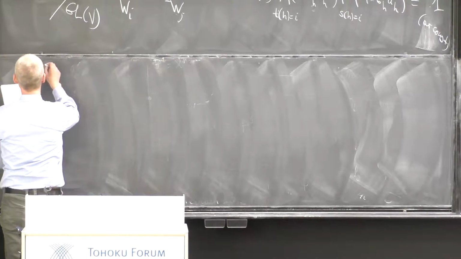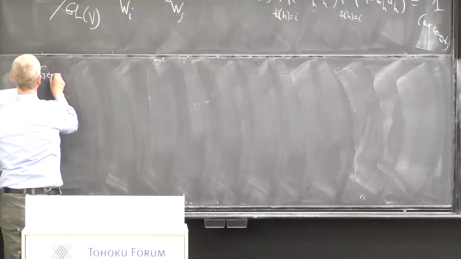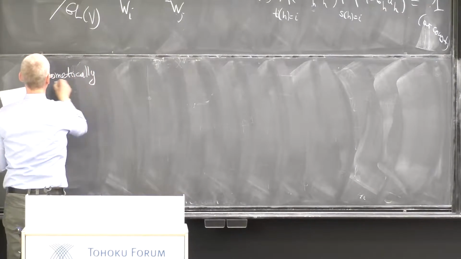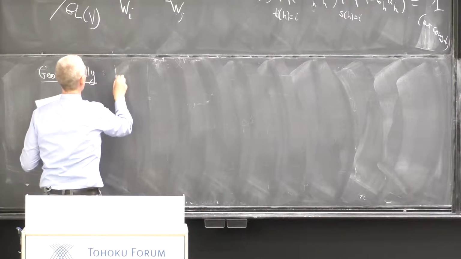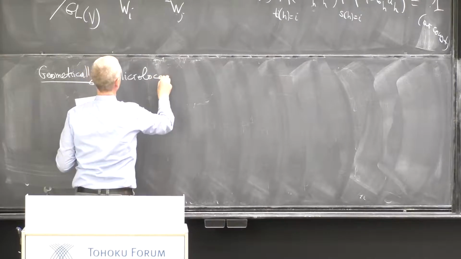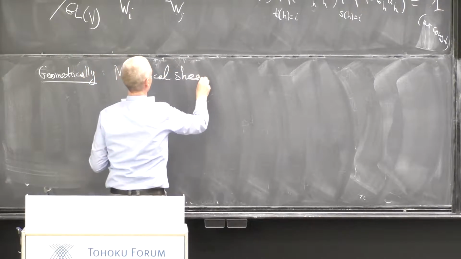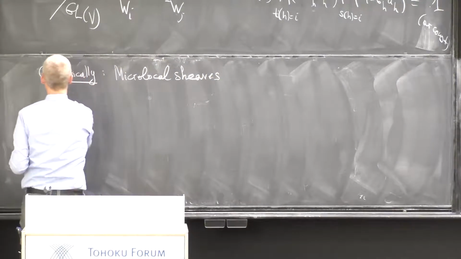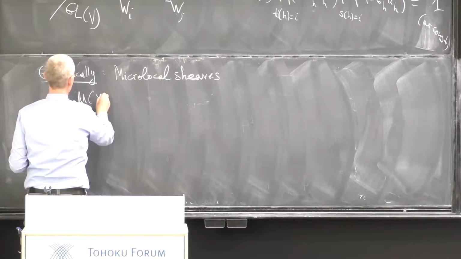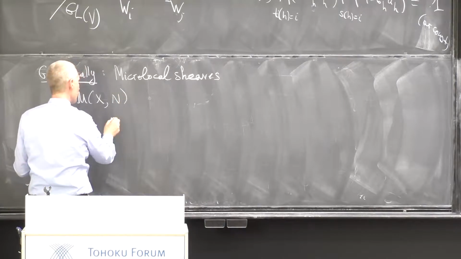So geometrically, you should consider perverse, that's microlocal sheaves, in M of X n, and maybe not empty.